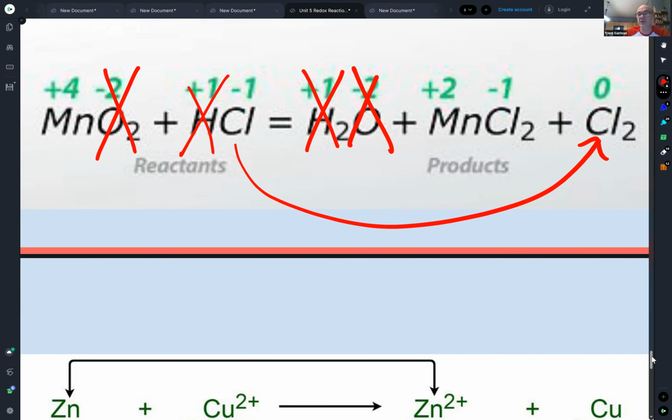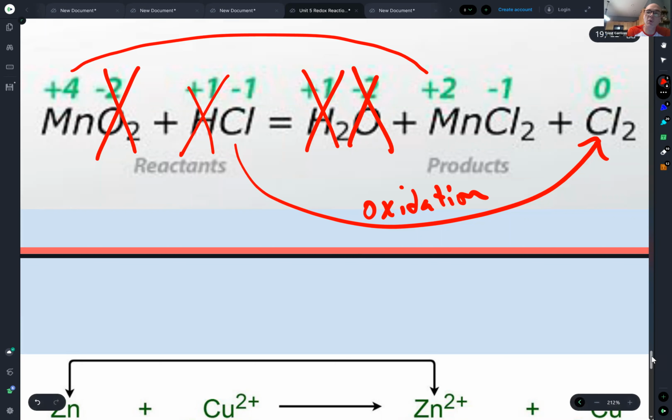It wasn't negative. Now it's on the 0 side. So that is my oxidation. The element that was oxidized is chlorine. Manganese became more positive. Sorry, became more negative. So the -4, it actually went closer to the negative. So that means it went through reduction.